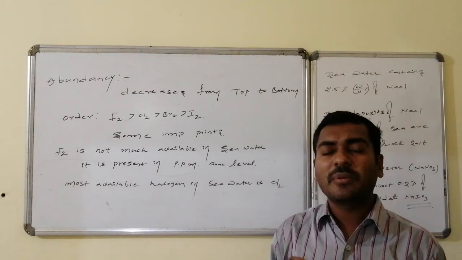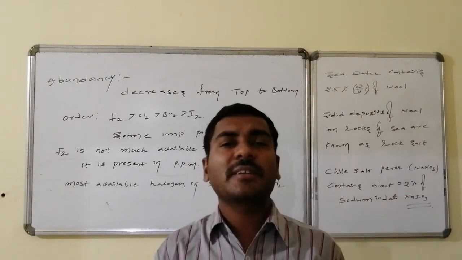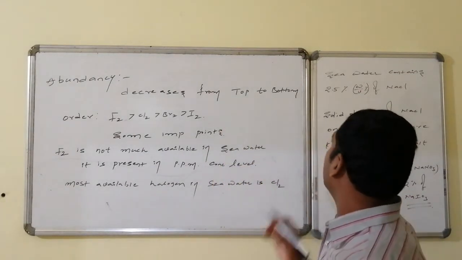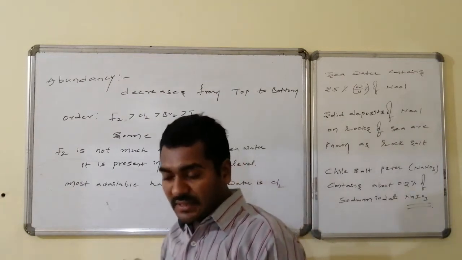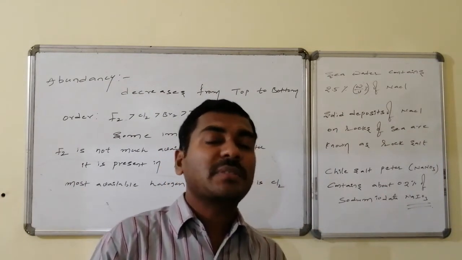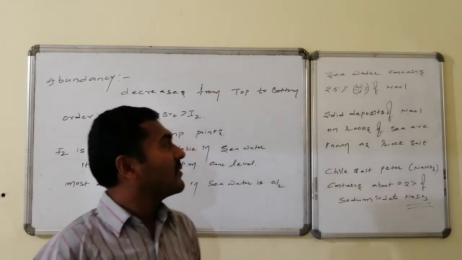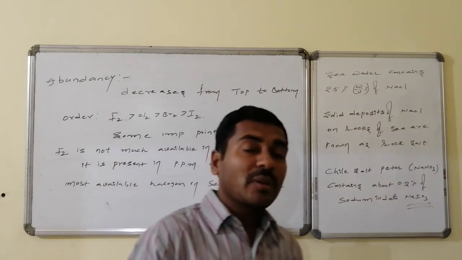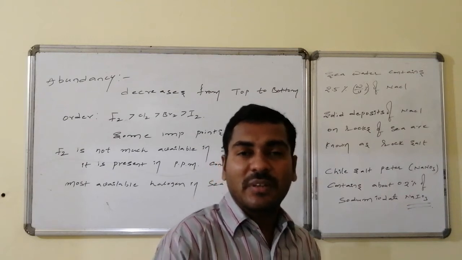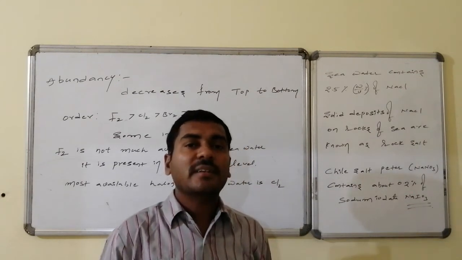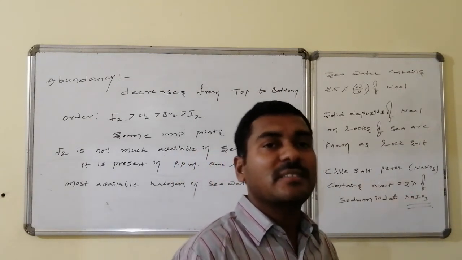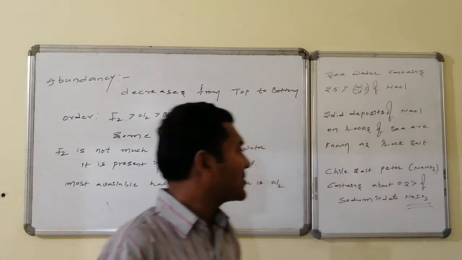The highest availability of a halogen in seawater is chlorine, where up to 2.5% weight by volume of sodium chloride is available. The solids of sodium chloride deposited over the rocks in the sea are said to be rock salt. Thus we can say it is sodium chloride rock salt.